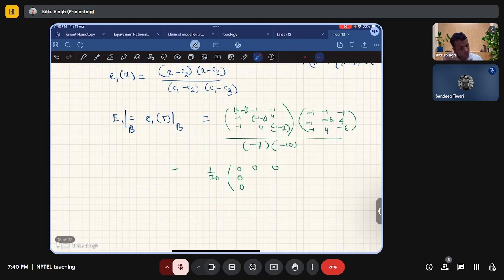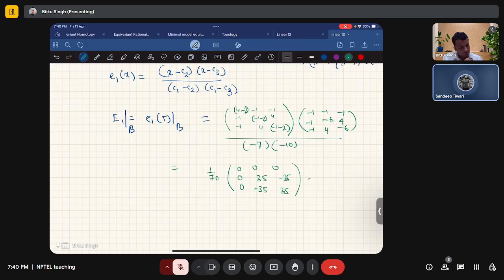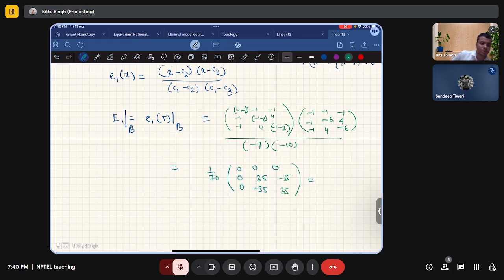You only need to calculate the upper terms, and other terms will automatically follow. So this is 35, this is minus 35, this is also 35. Therefore, by symmetry, this will be minus 35. Sir, if A is symmetric, then A minus lambda is also symmetric, sir. Yes, because sum of two symmetric things is symmetric, right? Diagonal thing is always symmetric.